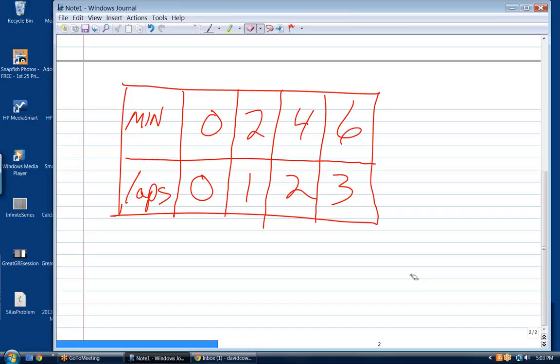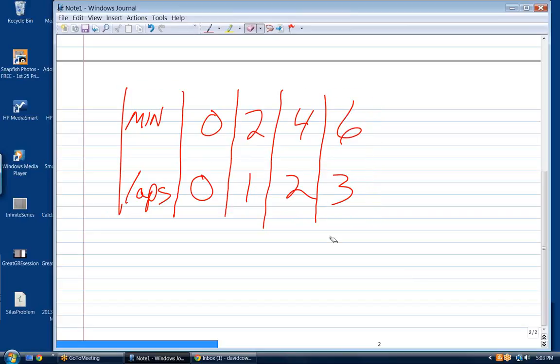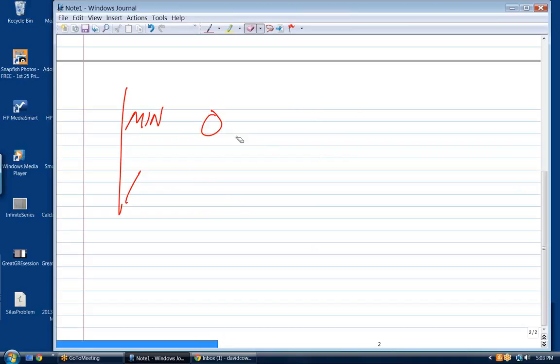When you look at it closely, they're completely different ratios. It's like saying on this problem, 2 laps per minute, which would be wrong. It wasn't 2 laps per minute. It was a half a lap per minute.